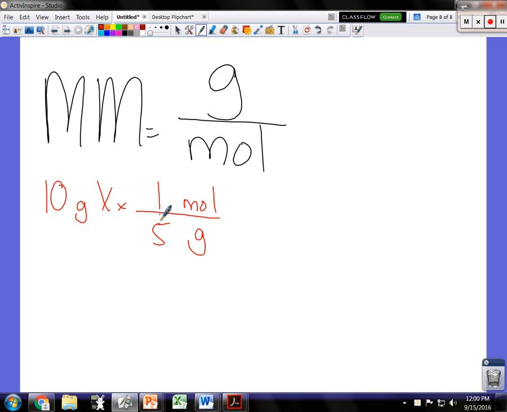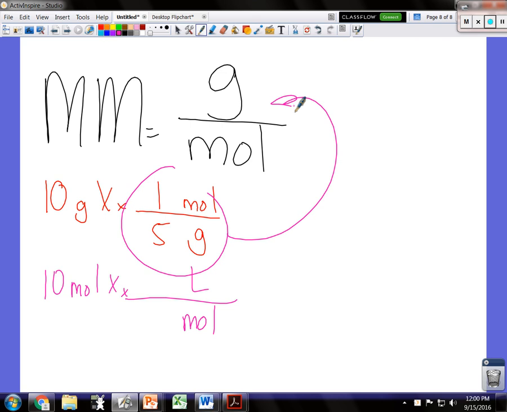So you're telling me now, instead of having 10 grams of X, if I've got 10 moles of X, why can't I just do mole per liter? It's the same thing, it's just upside down. It doesn't look right, but you've been doing this the whole time. You just didn't realize you were doing it. This right here is the same thing as the molar mass, and you've never bucked on it before. Why buck now?